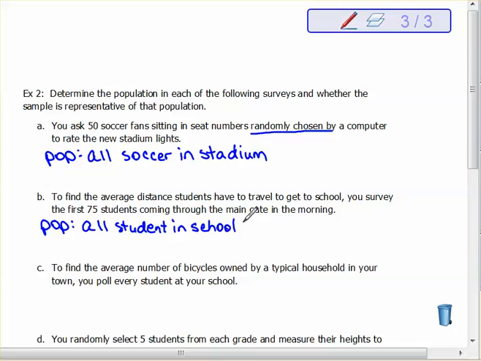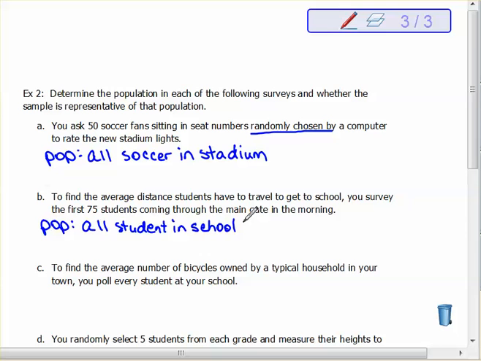What about people who come in a little bit later, or maybe are tardy, and how far they have to travel to get to school is just as important as the students who came in early. So you want to be very careful about not tainting your data. That way you're only getting a very small picture of your entire population. You're not getting the bigger picture. So that would not be a fair representation.